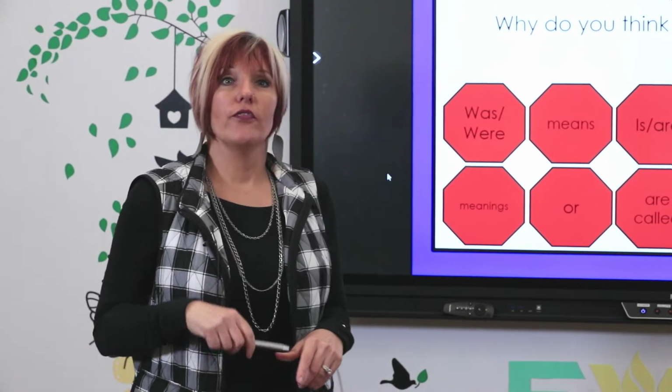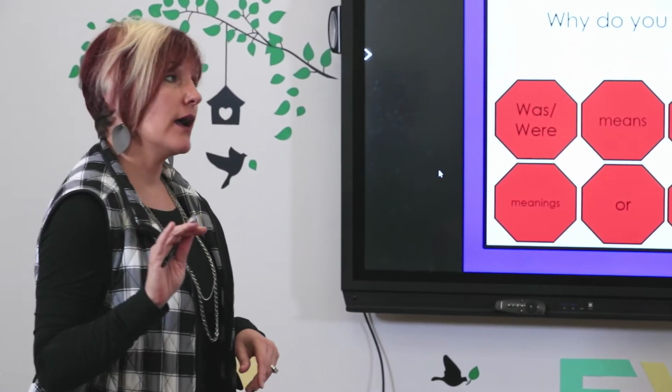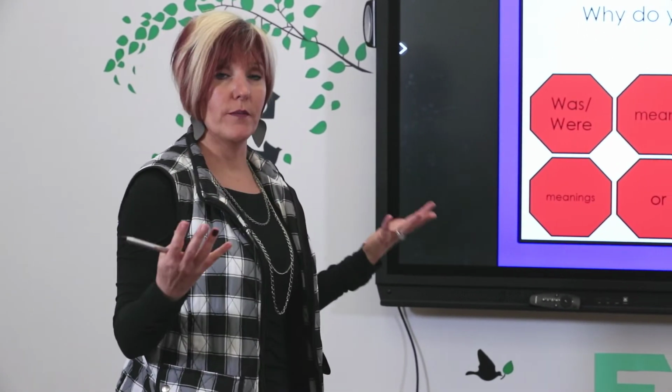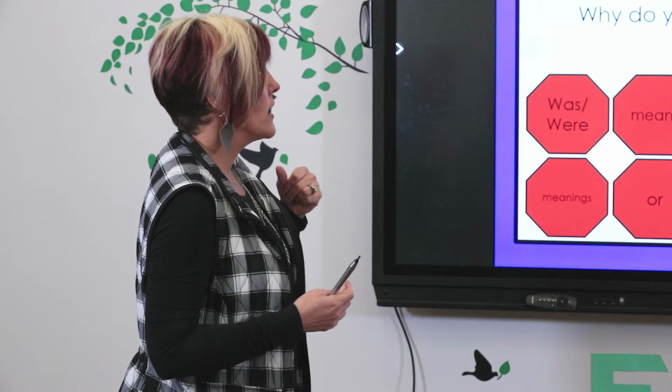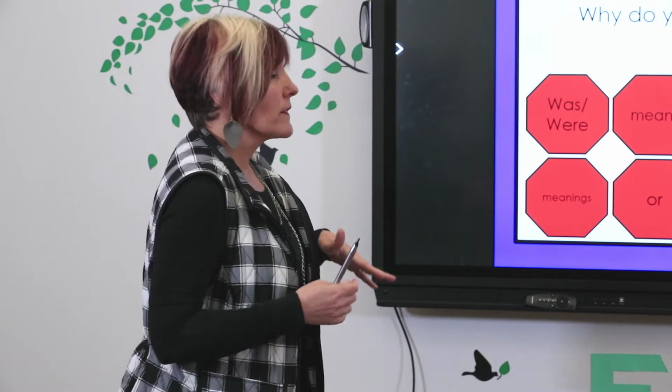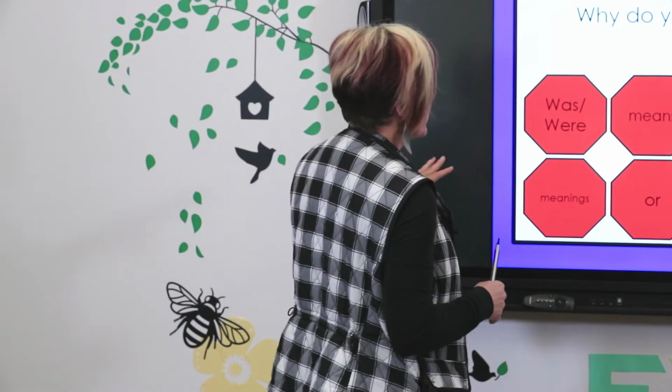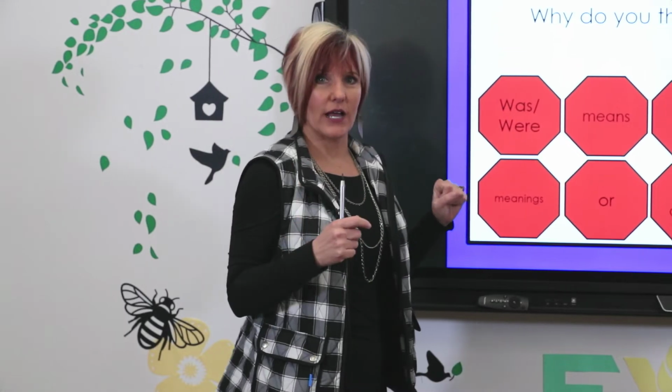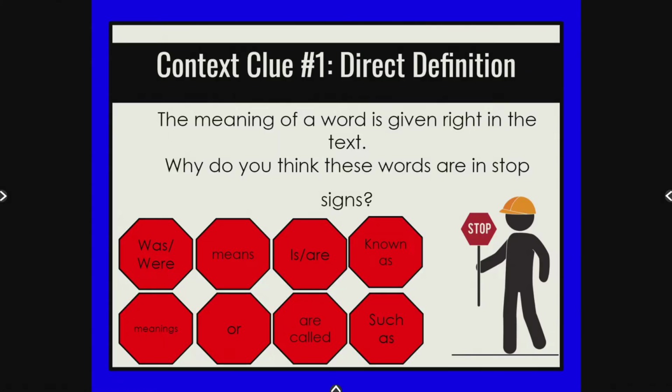So this is a way to find the context clue or the meaning that you're looking for using direct definition. This is one of the strategies that you can use, and I call them stop sign words. You have to understand which ones they are and know which ones to look for. When you look for these, it really helps you figure out which word you're looking for.